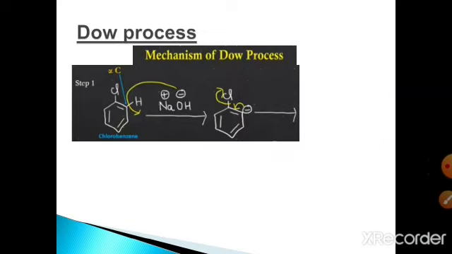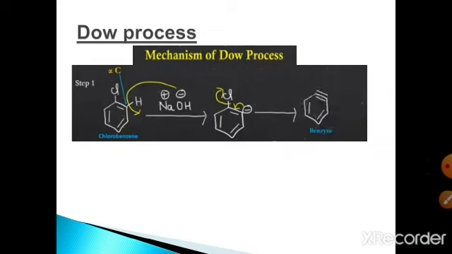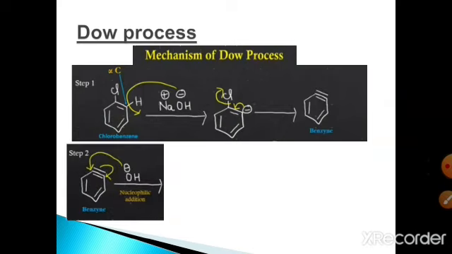And when chlorine departs, it is converted into benzyne intermediate. In benzyne intermediate, a triple bond is formed between two sp2 hybridized carbon atoms, and this extra pi bond which is present outside the ring is an unstable structure, so this pi bond is shifted towards the carbon again, and when it is shifted towards the carbon, it creates a positive charge on the next carbon, and it is the site for nucleophilic attack.